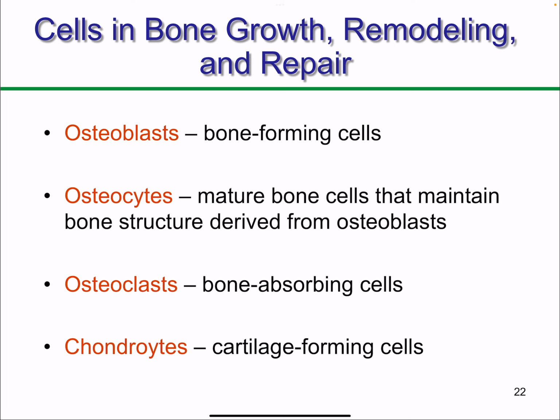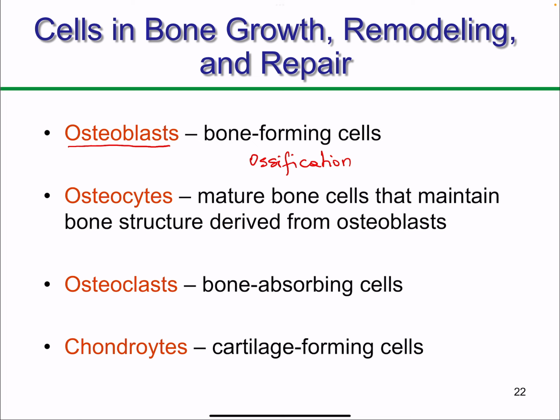All right. Okay. So the first cell we are going to talk about is the osteoblast. The osteoblasts are these cells whose job is to convert hyaline cartilage into bone, right? Osteoblasts, they do ossification. Ossification, all right?